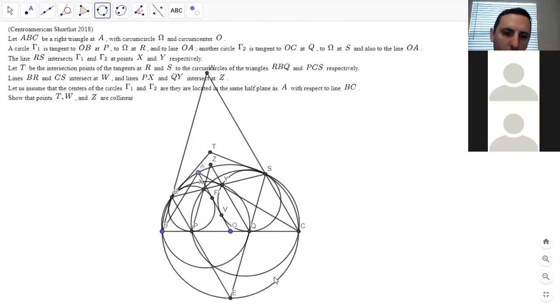So basically, because RSCB is on the circle O. Yeah. So we just have to show the radical axis of these two circles is the same as the radical axis of these two, I think, right? I think it's enough to prove that W is on the radical axis of the two little circles. Okay. So just W. Yeah, just W.